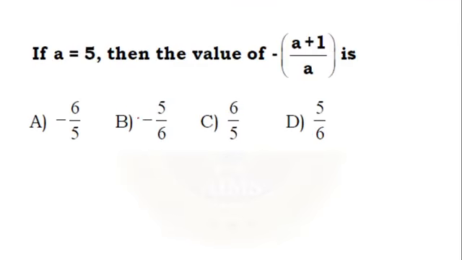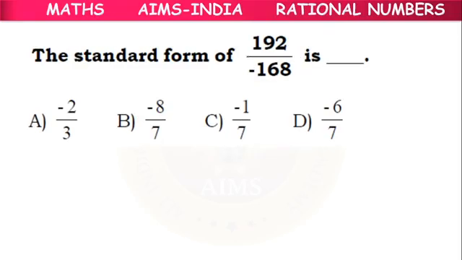Next, the standard form of 192 by minus 168. What is the standard form? Always minus is to be kept at the numerator place. Let's divide with 2. 2 9s are 18, 2 6s are 12, 2 8s are 16, 2 4s are 8.